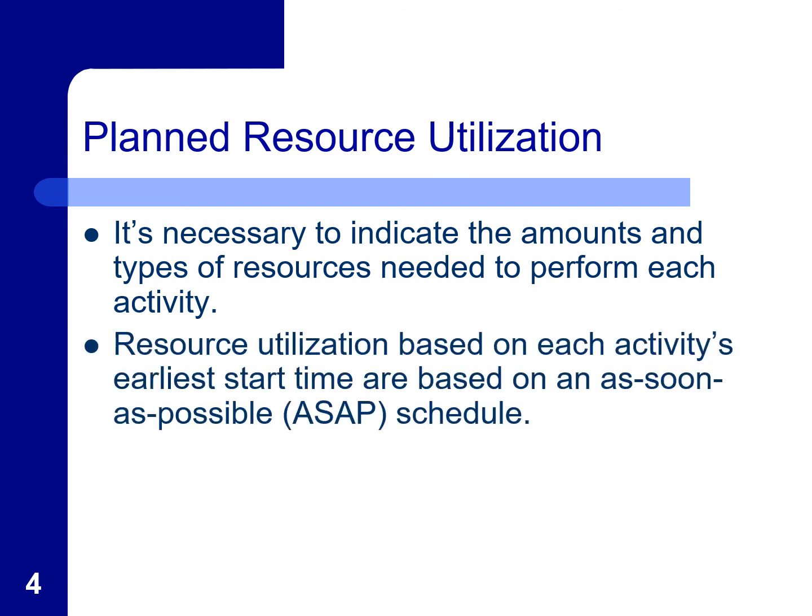Resource utilization will be based on the activities' earliest start time and on the as soon as possible schedule. So by creating a Gantt chart, you will determine which activity requires how much or how many resources you need in order to perform that activity.